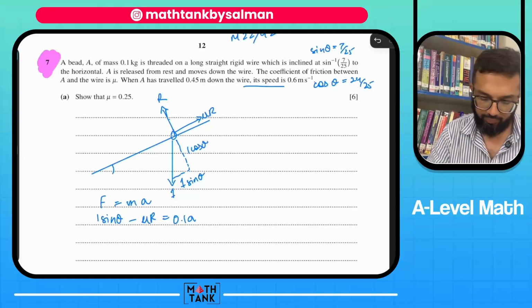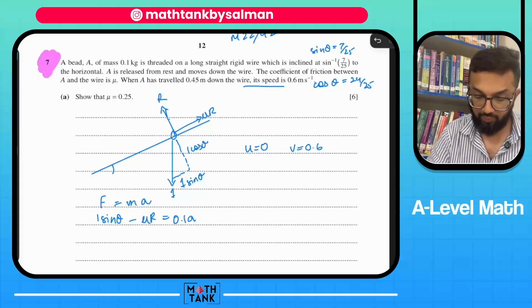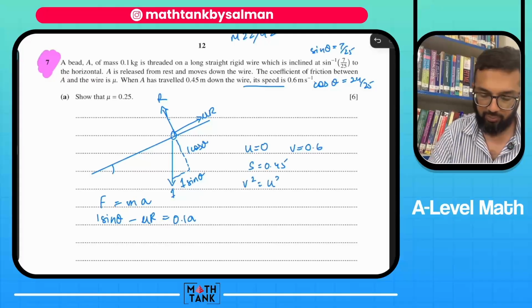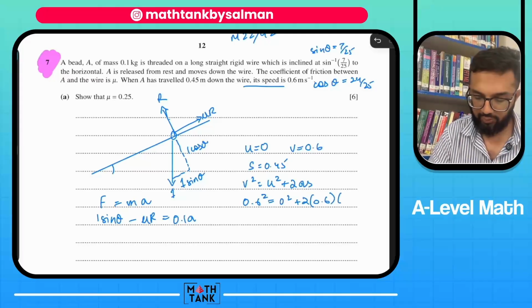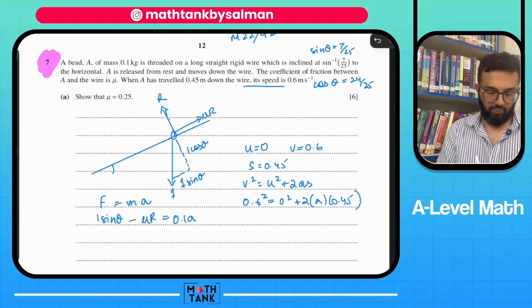And to find a, I will have to use the constant acceleration formulas. Okay, so v squared equals u squared plus 2as: 0.6 squared equals 0 squared plus 2 times a times 0.45. Okay, so what's 0.6 squared divided by 0.9?